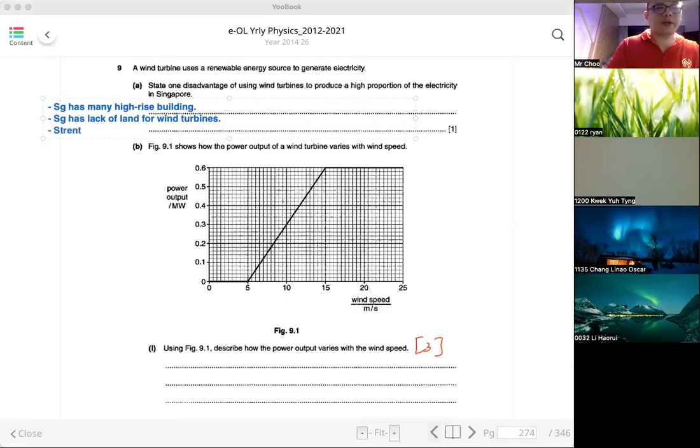Okay, the strength of wind is not constant.